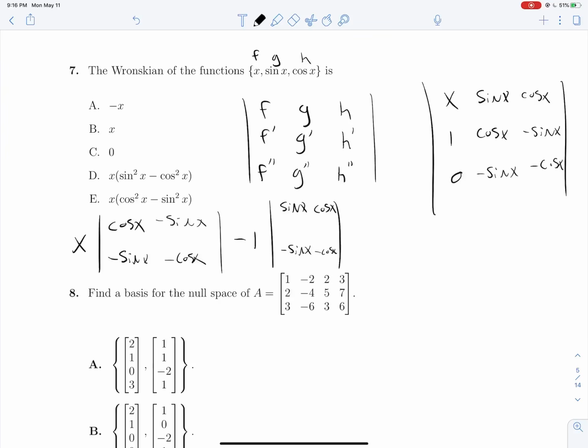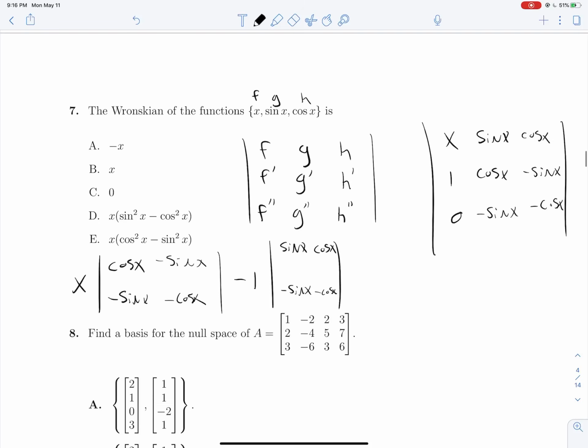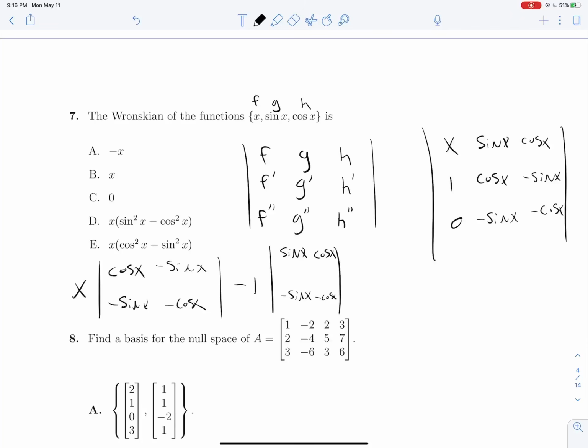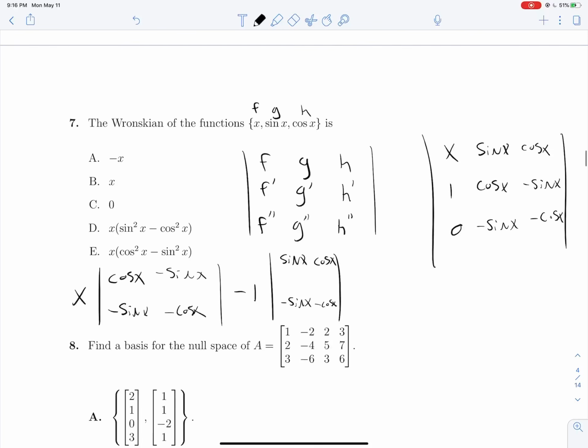Let's find all of these guys. We'll get x multiplied by negative cosine squared minus sine squared. So that will be x times 1, and then we'll have negative 1 times, oh, that works out nicely. We will have negative sine times cosine, and here we will have positive sine times cosine. So all of that will go to 0. So we are left with x times 1.